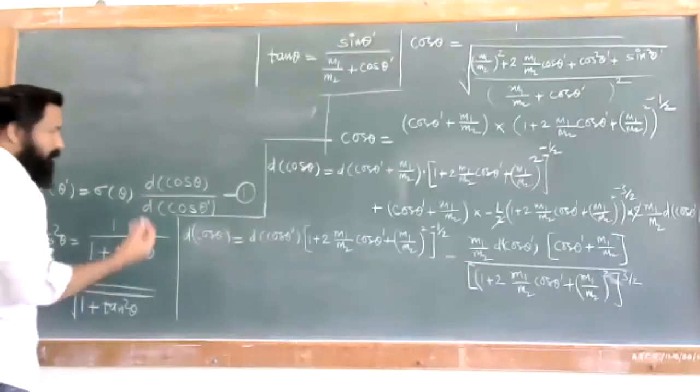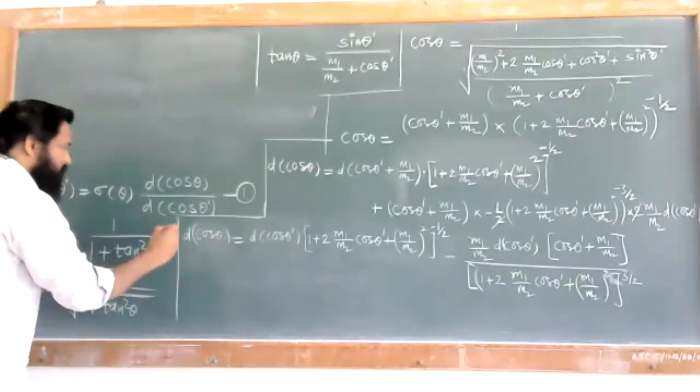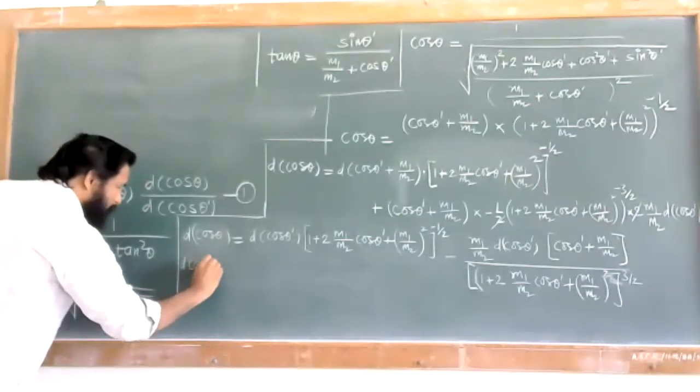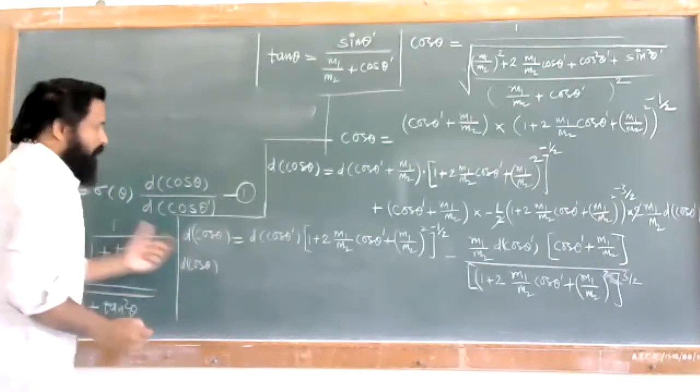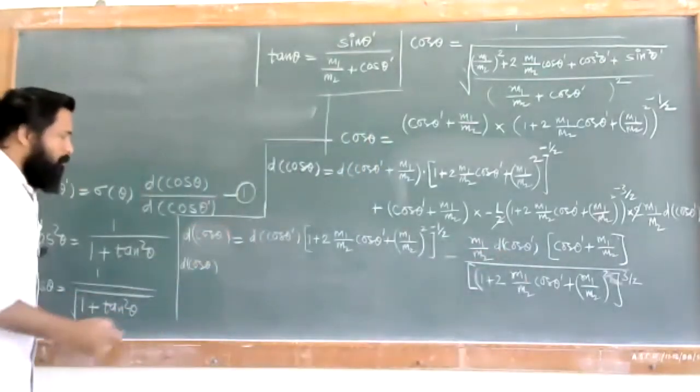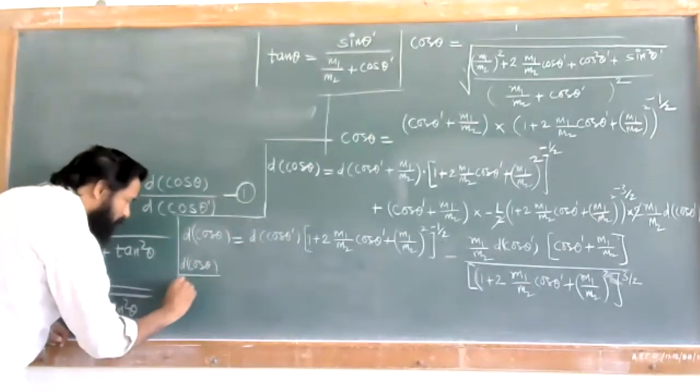So we can have a condition, that is the derivative of cos theta. Here also there is derivative of cos theta dash, and here also there is derivative of cos theta dash, so take that out, and that will be transferred to your LHS, which will get divided by it.